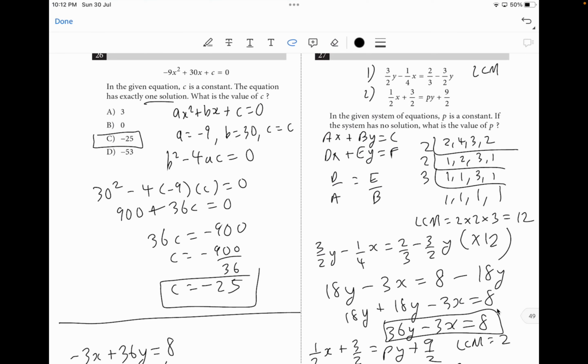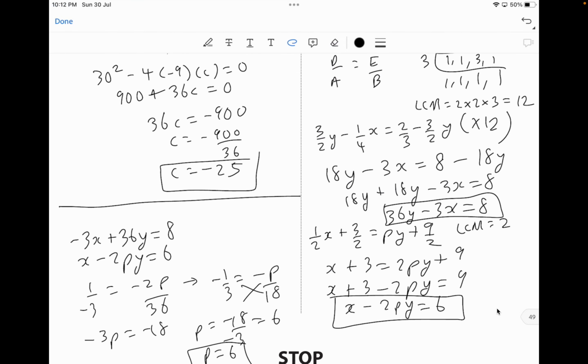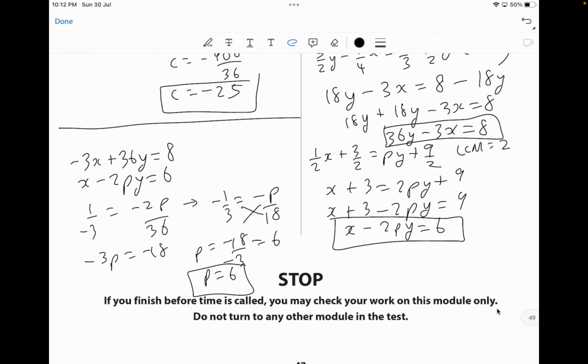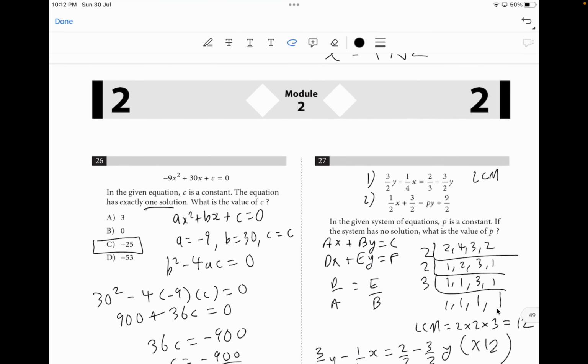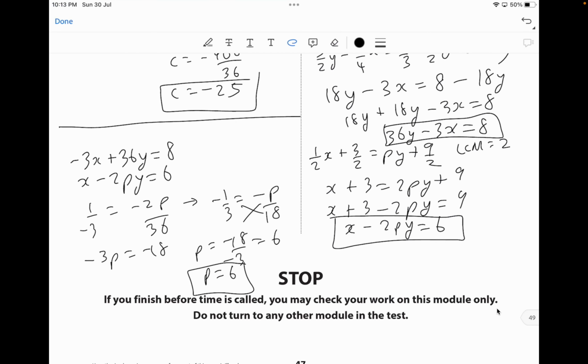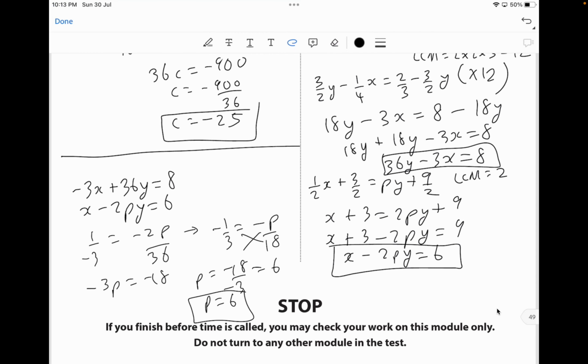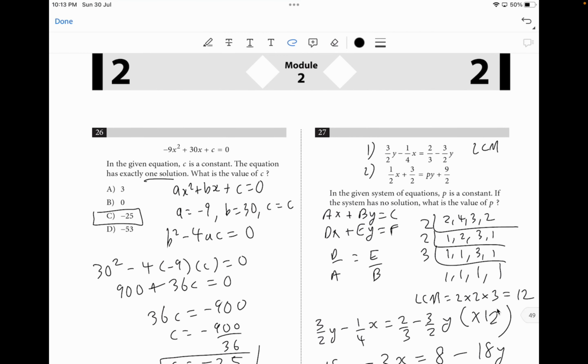We found the LCM and made them whole numbers, so we removed the denominators, and then we created proportions and ratios. Then we found the value of p, which is 6. The answer is 6 for question number 27.